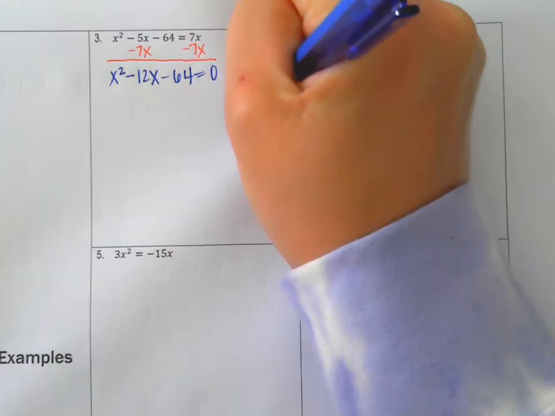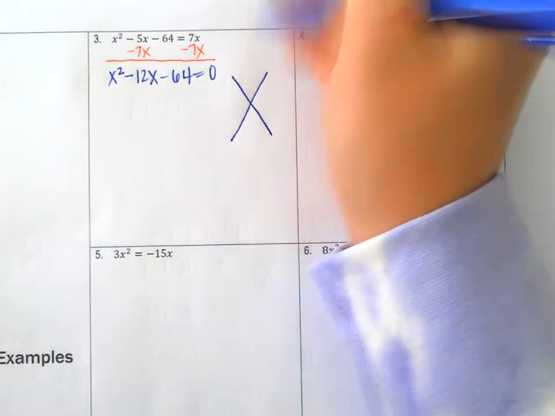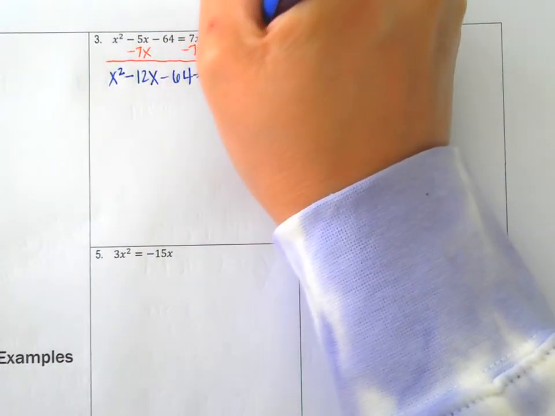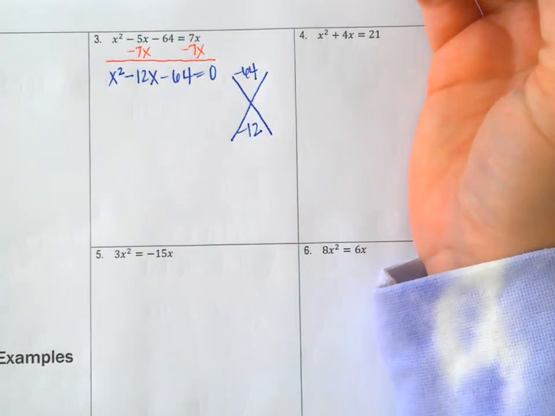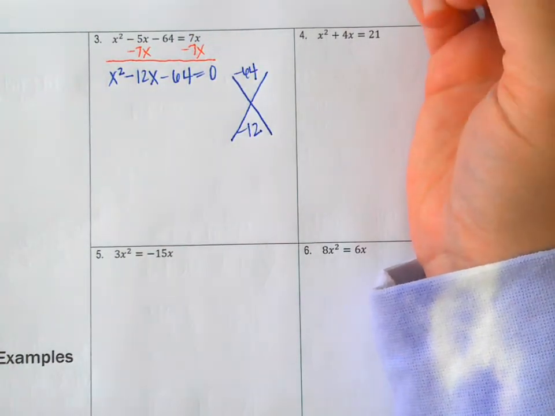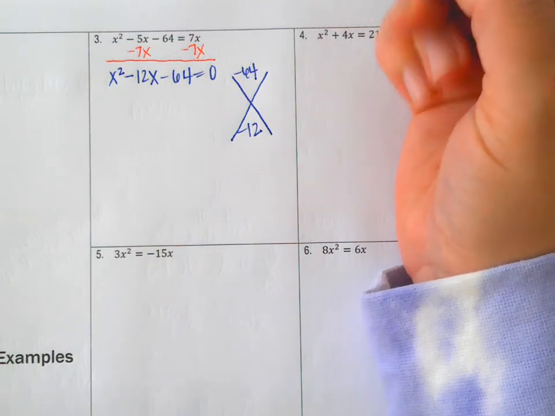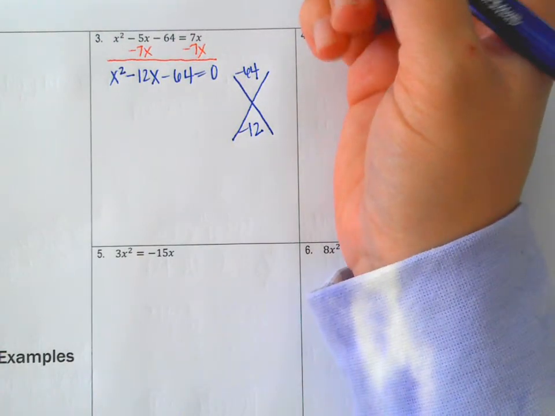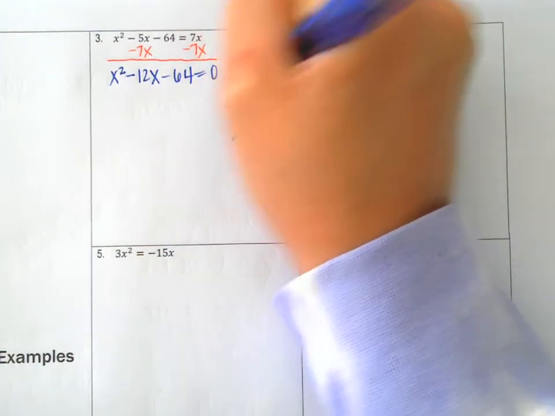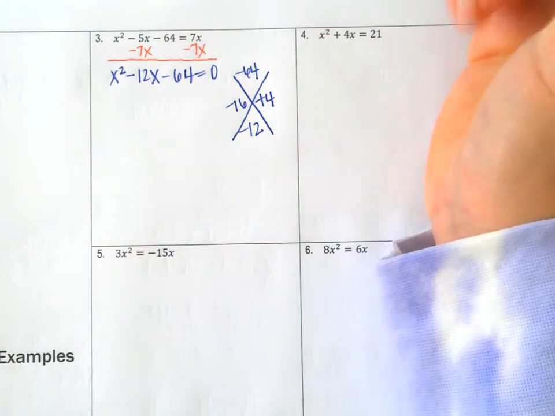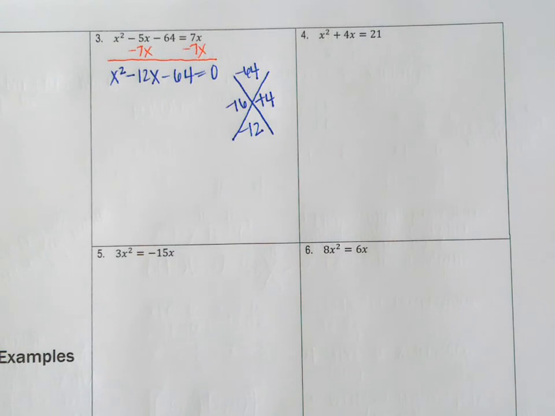So we're thinking, what two numbers multiply together to get me negative 64 and add to get me negative 12? This one's a little bit trickier, but going through our factors, we know 16 times 4 gets me 64, so it's going to be negative 16 and positive 4. Can I use the shortcut here?